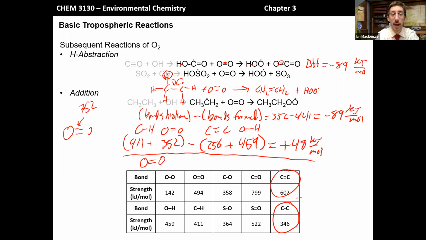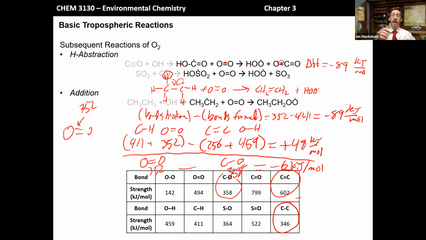So I'm breaking the 352 kilojoules per mole. And I'm forming a new carbon-oxygen single bond. So here, carbon-oxygen, that's 358 kilojoules per mole from right here. And that's really all that's going on. I'm just breaking one and forming one other. So just take 352 minus 358. And this one, it looks like it's actually downhill by about 6 kilojoules per mole. Not a lot at all.